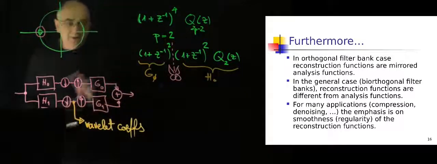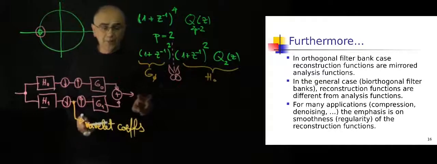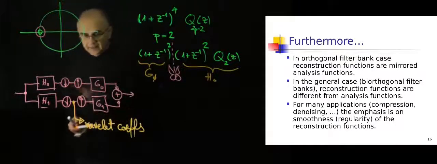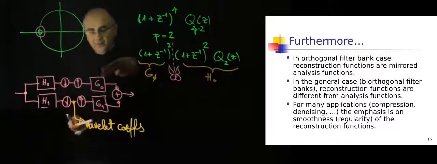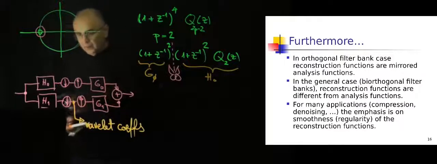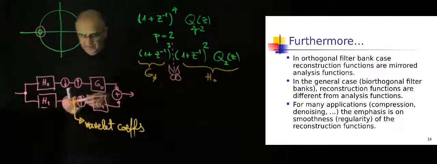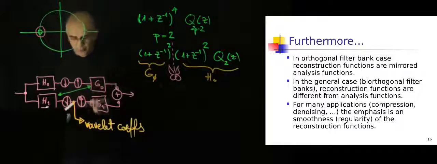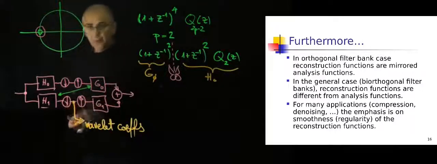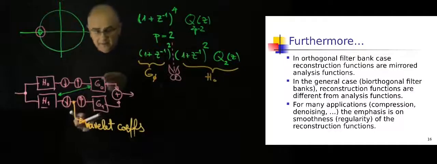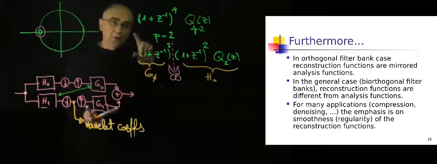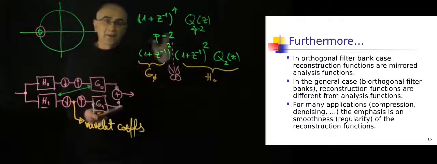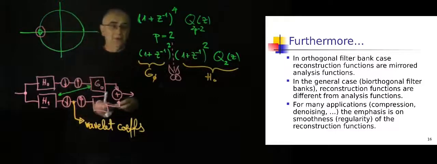Because if we want this system to have a perfect reconstruction property, we have that secret connection between J0 and H1. Okay, maybe we can just draw it as well. So we have that secret connection between the two. Actually, H1 is equal to J0, only you have to reverse the signs of every second sample of its impulse response.